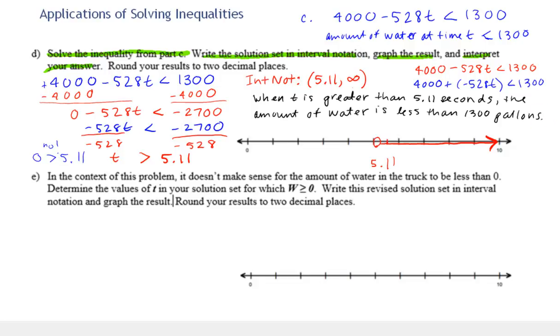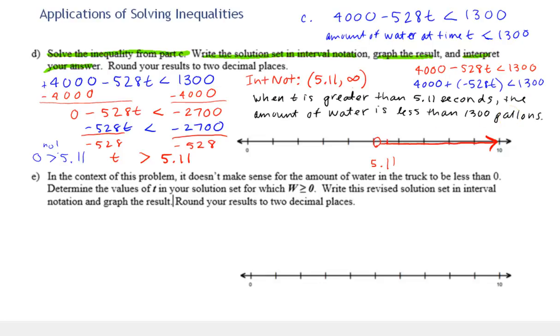If you looked at the first part that asked the question where we built this up, that will help also. But you can really interpret this by looking at the inequality itself, what the left-hand side represented, what we solved for and why. So there's our t is greater than 5.11 seconds, and then the less than 1,300 gallons.